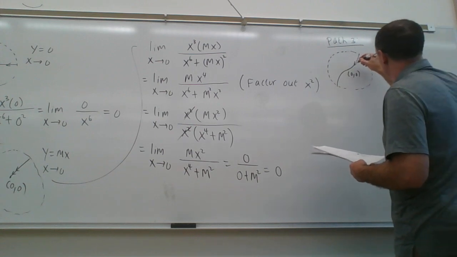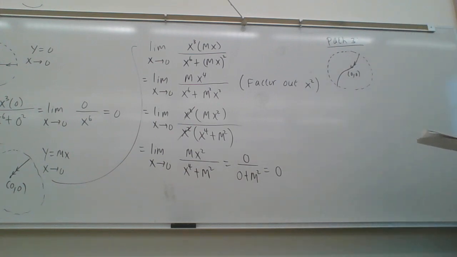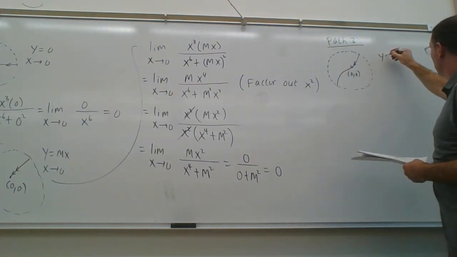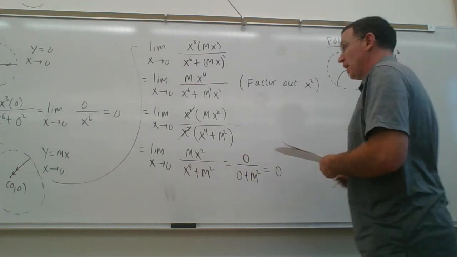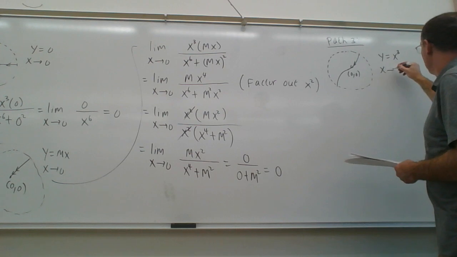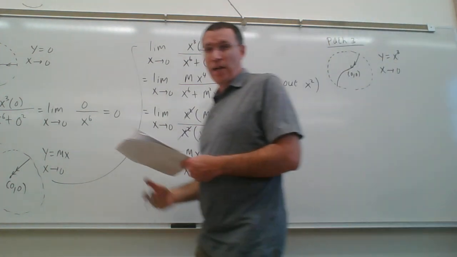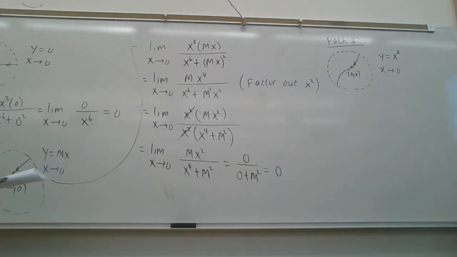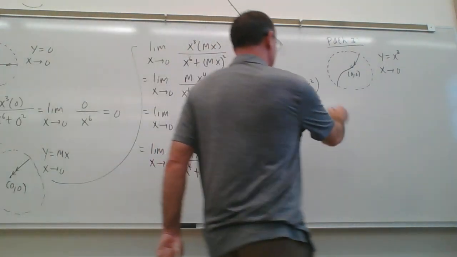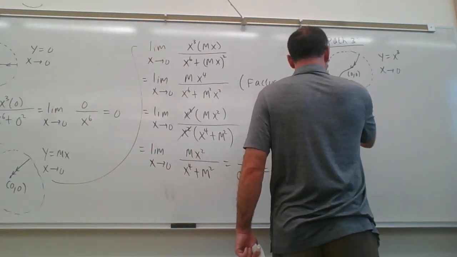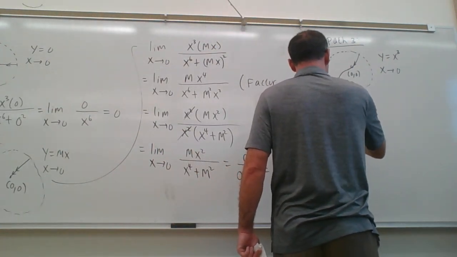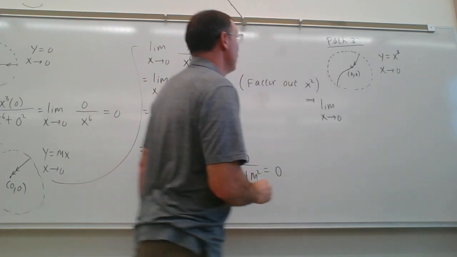So that path would have y equals, say, x cubed, and then x goes to 0. Let's try that one. So in path 3 here, we'll have that limit as x goes to 0.